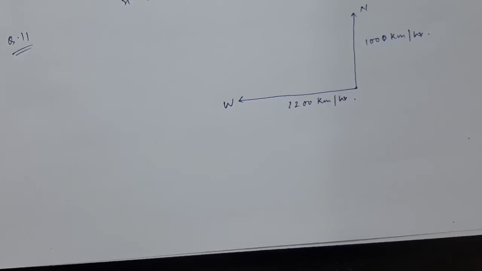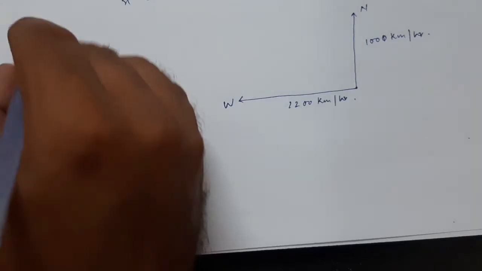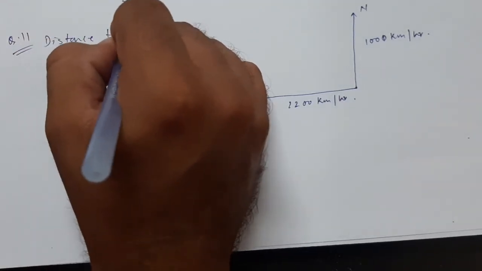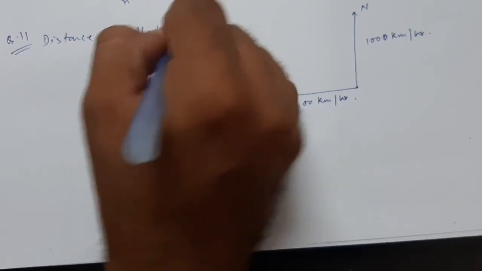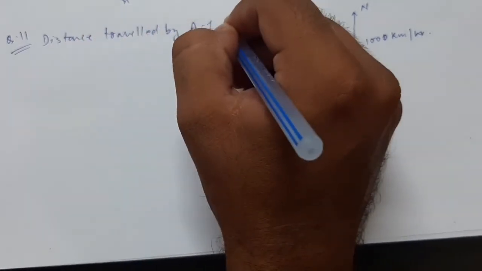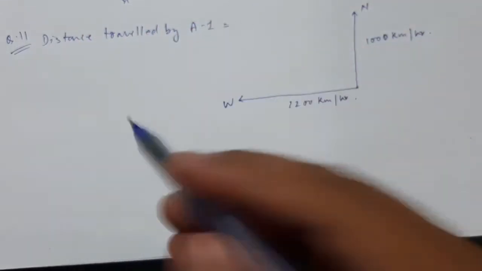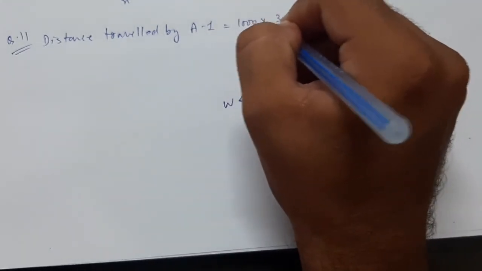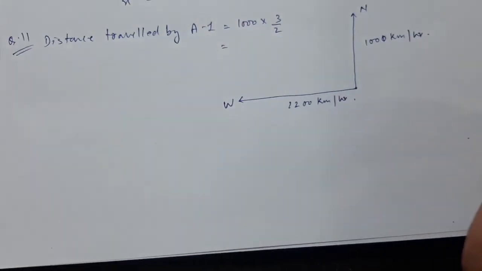How far apart will the two planes be after 1.5 hours? So first thing is to find out distance traveled by both aeroplanes after 1.5 hours. Distance traveled by aeroplane 1 is equal to speed into time, 1.5 hour is given, right?